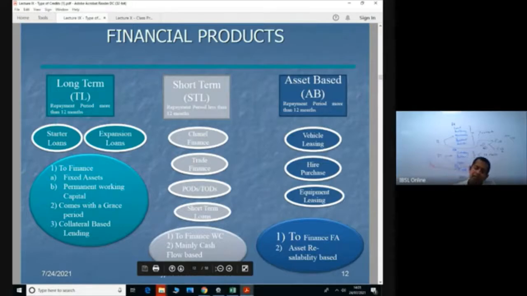Then how do you decide the ability to repay a term loan? What is the calculation we do to check the ability to repay?